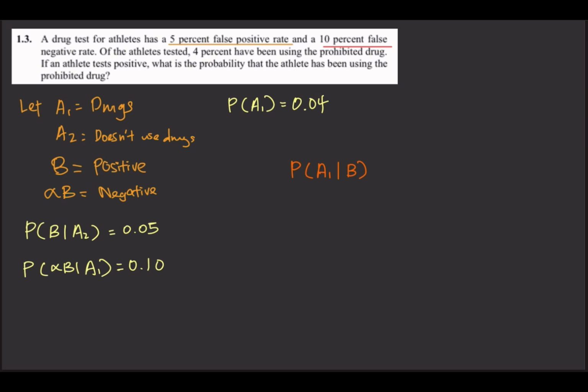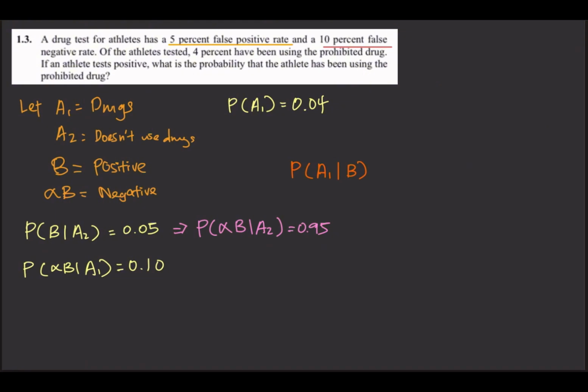Now, before we continue, based on the information they have given us, we can actually infer quite a lot of things, right? First, the probability that the athlete tests positive given that he is not using drugs is 0.05. That automatically means that the probability that the athlete tests negative given that he is not using drugs is 0.95, because you can either test positive or negative. So there are only two events.